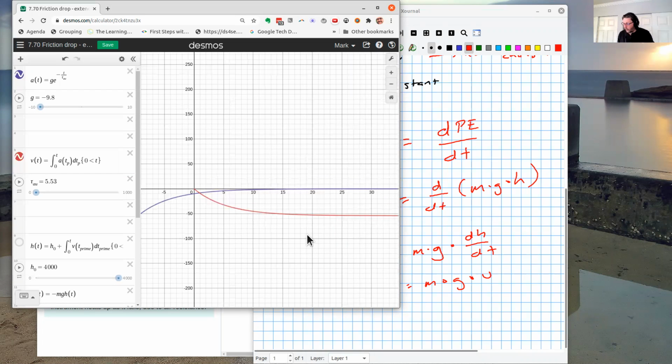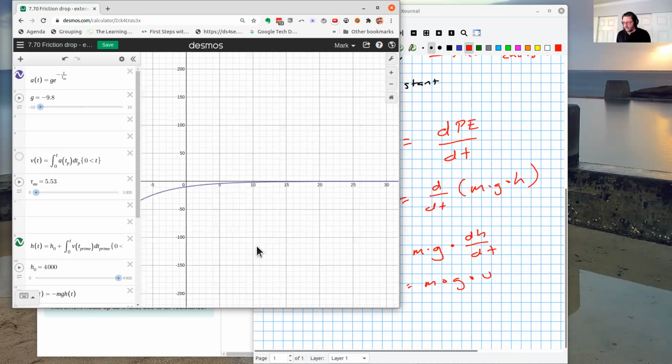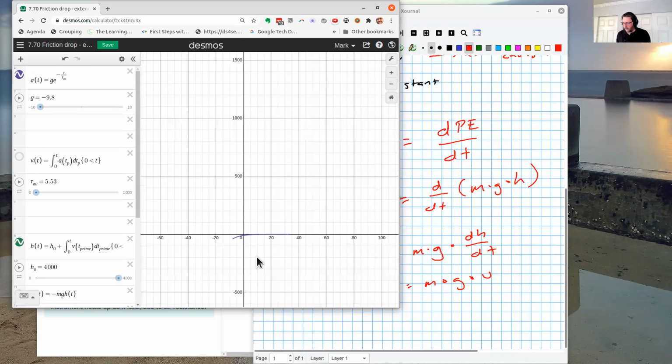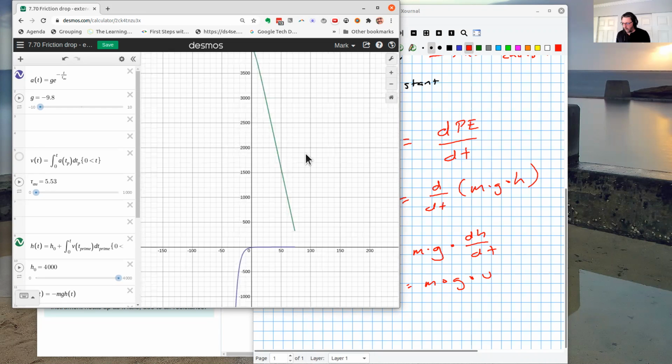Okay, so that actually gives us most of what we need. The rest of it is going to be doing some calculus and some algebra to figure out the equations that describe this. But we have the right basic idea. Here I've set up an equation that shows the height of the object, and I have it starting from 4,000 meters up so that there's enough time in the air to see what happens. So it's going to be way up there.